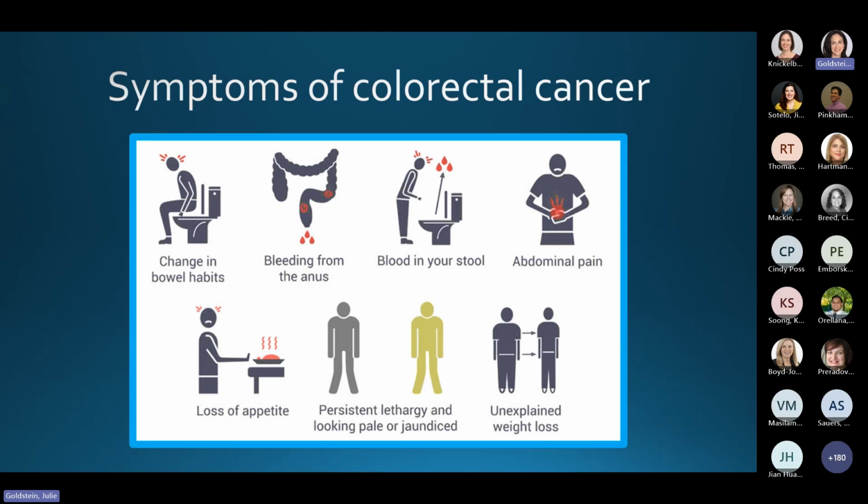These are not diagnostic tests, so it could come back saying, based on the results, there is blood in your sample, or the DNA pattern suggests you possibly have a colon cancer or a colon polyp. But you would need to go on to have a procedure like a colonoscopy in order to diagnose whether or not there's a polyp or a cancer.